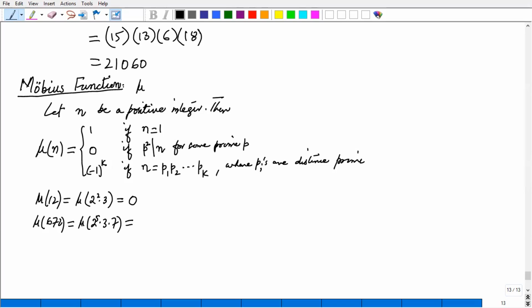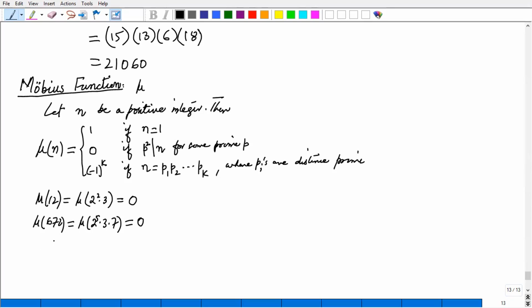So 672 can be divided by 2 to the power 2 as well, because this number has a prime factorization in which we have 2 to the power 5. So definitely this can be divided by 2 to the power 2. So mu of 672 is 0, because 2 square divides this number.